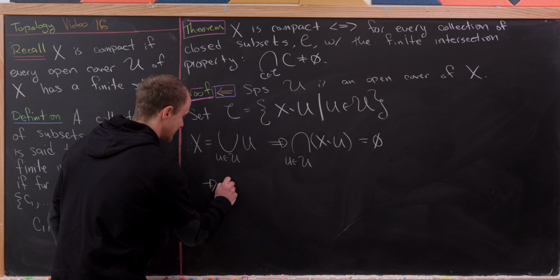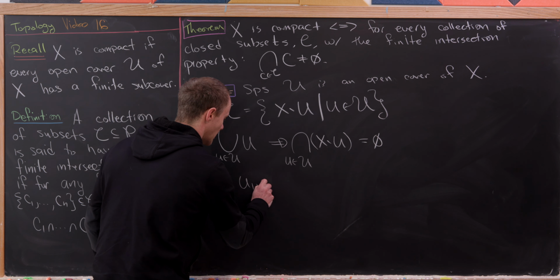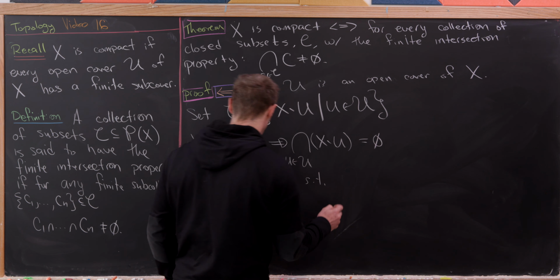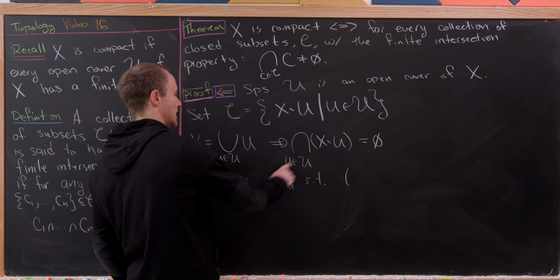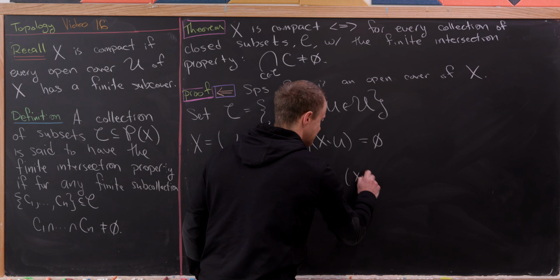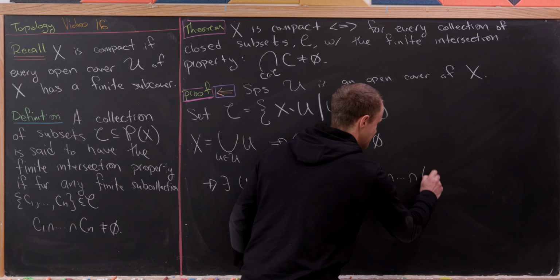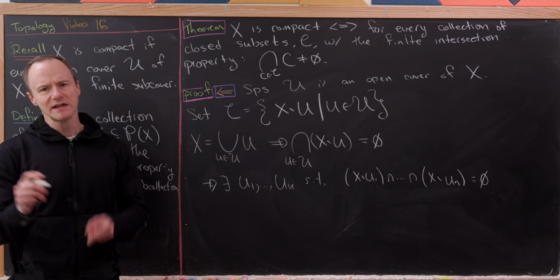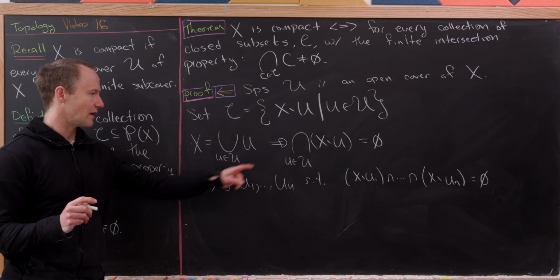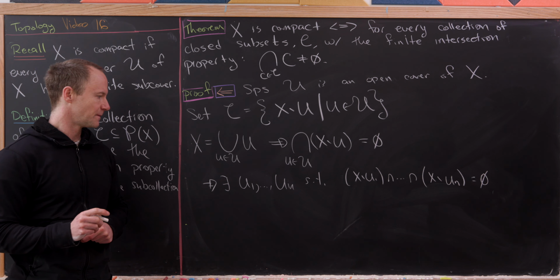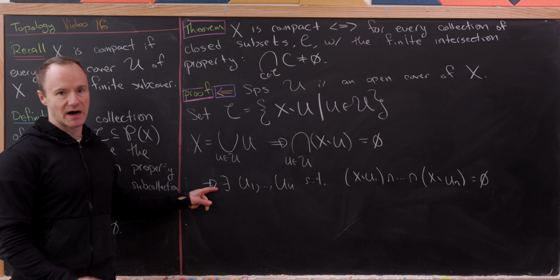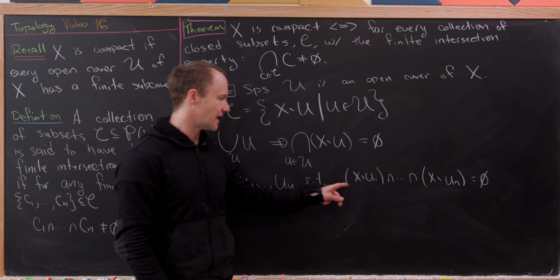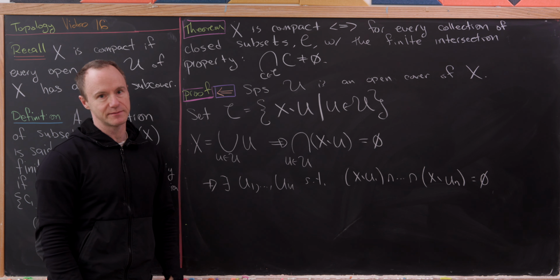So that means that there exists a U1 up to Un such that the intersection of all of those, not all of the U's, but the X minus U's, so X minus U1 intersect all the way up to X minus Un is empty. Now, let's be really careful about why this is the case, why we can go from this step to this step. Well, let's say that this was impossible. Let's say that we could not find this U1 up to Un where that finite intersection was empty.